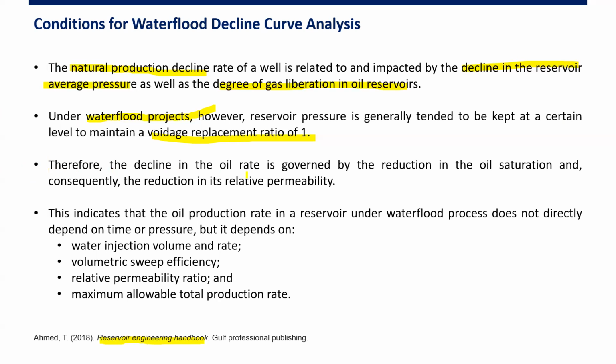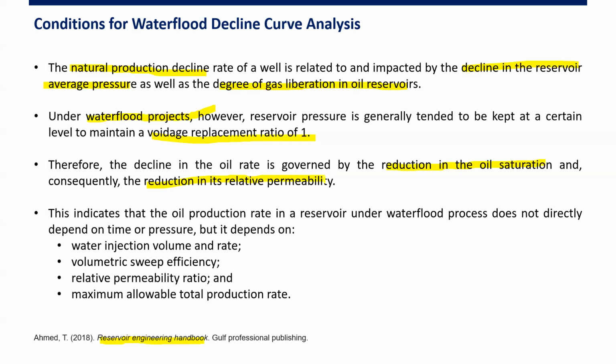Therefore, the decline in the oil rate in water flood is governed by the reduction in the oil saturation and consequently reduction in its relative permeability. All right, so this is a very important thing. In water flood, the main driver of the oil production decline is not reservoir pressure, but the reduction in the oil saturation, which will reduce the relative permeability to oil.